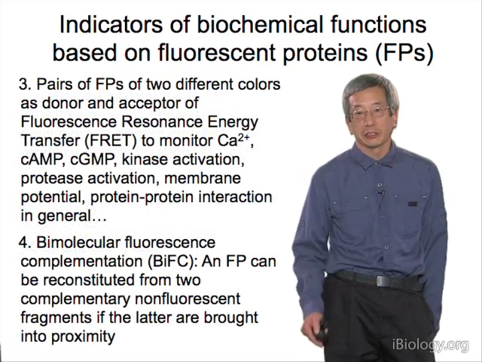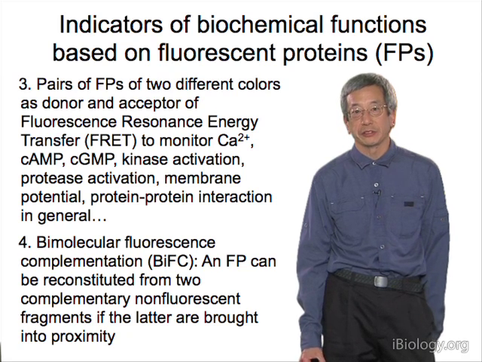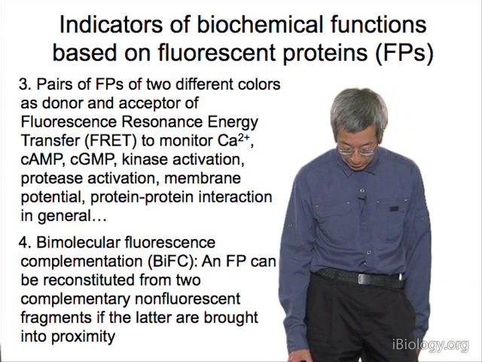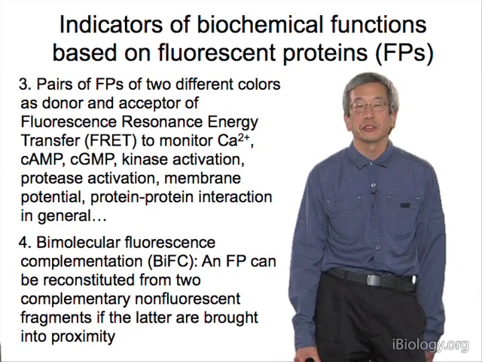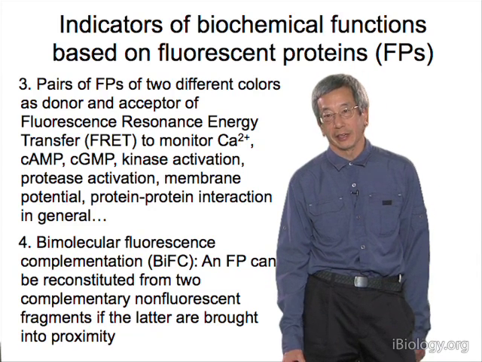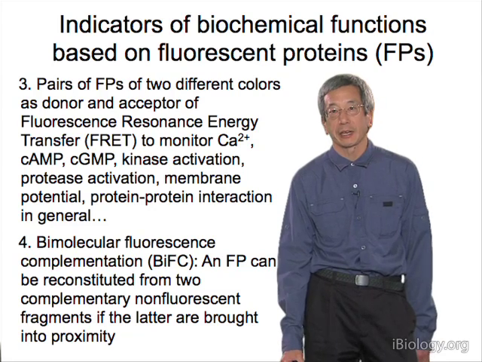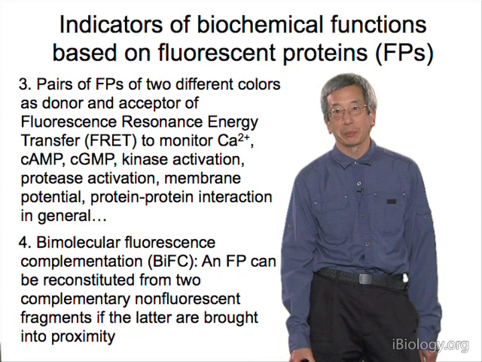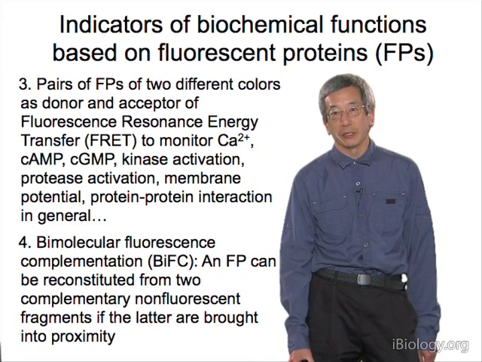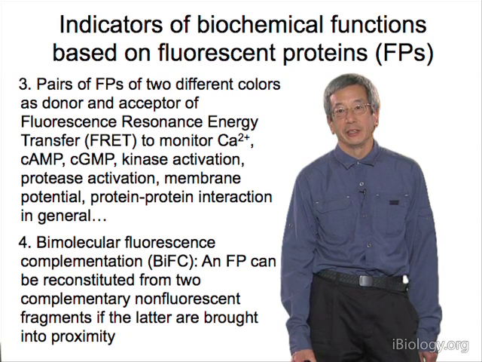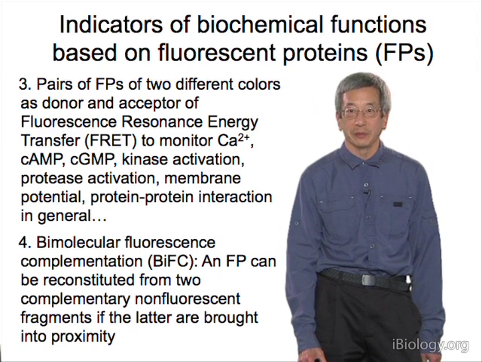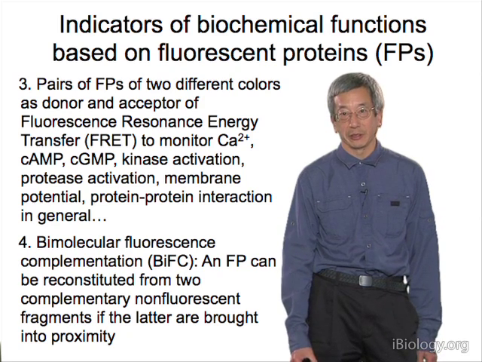Then a large class of indicators is based on pairs of fluorescent proteins, typically of two colors, where the shorter wavelength one can do fluorescence resonance energy transfer. And it serves as the donor. We excite it directly, and if the other protein of the longer wavelength, which is called the acceptor, is within a few nanometers of distance and is appropriately oriented, then the longer wavelength protein steals the energy from the shorter wavelength protein and re-emits, typically.